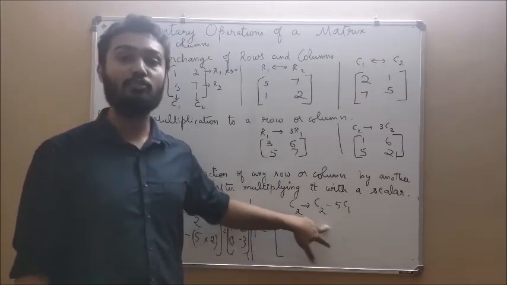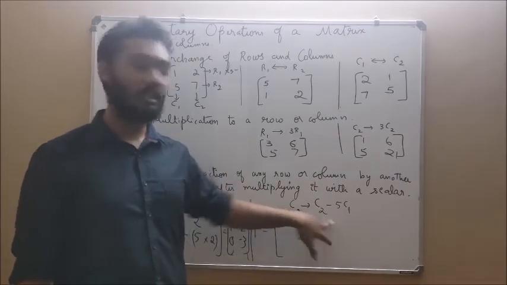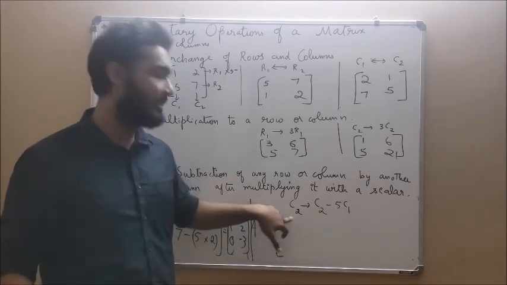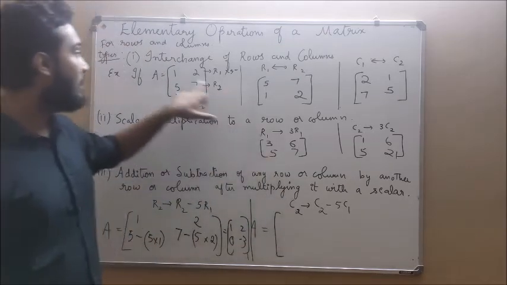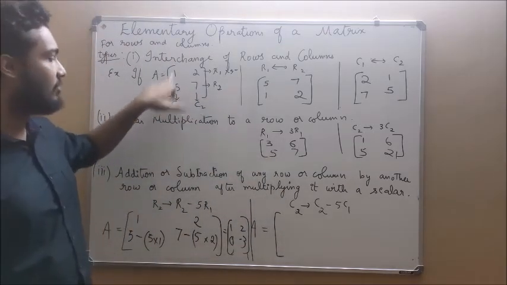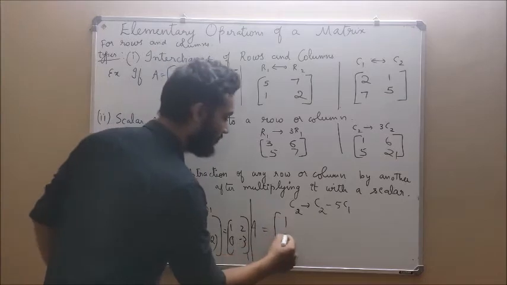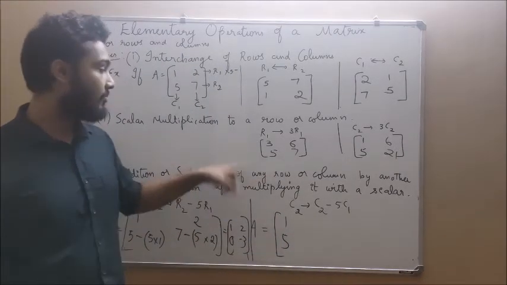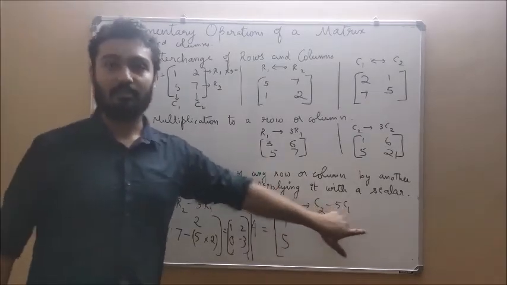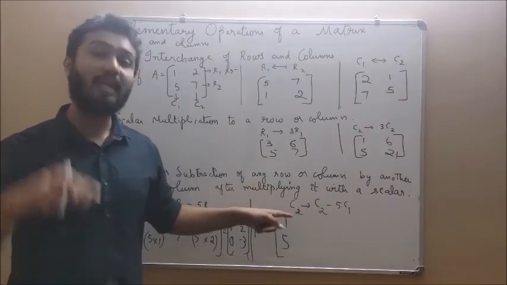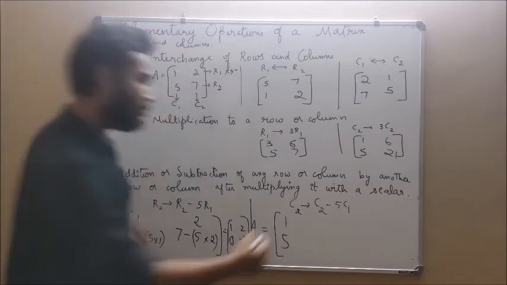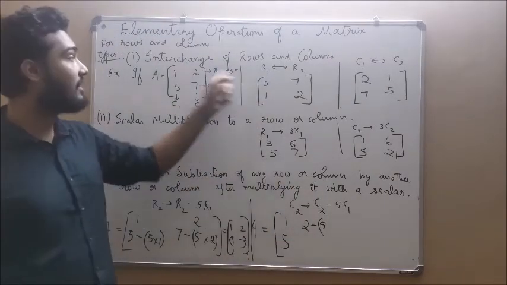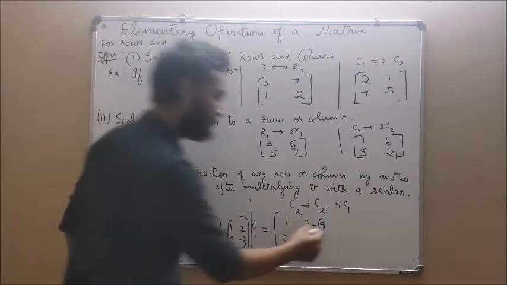Next, C2 changes to C2 minus 5C1. Here remember, we are changing C2, so C1 remains as it is. Where is C1? This is C1, so write it as it is, 1, 5. C2 changes to C2 minus 5C1. So C2, 2 minus 5 into C1. What is the corresponding C1? C1 is 1.